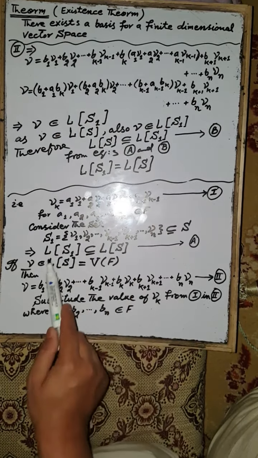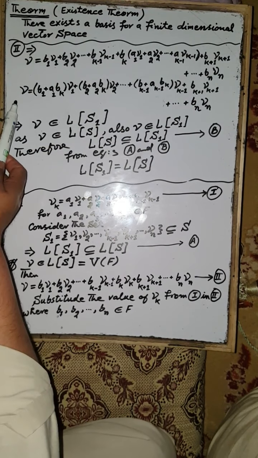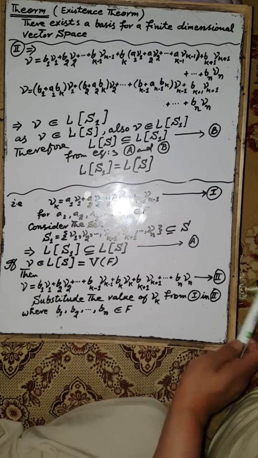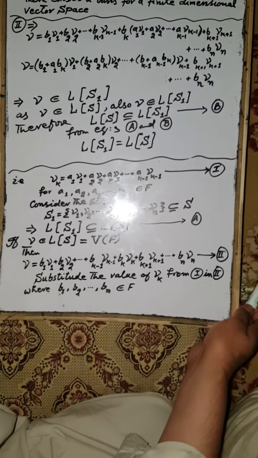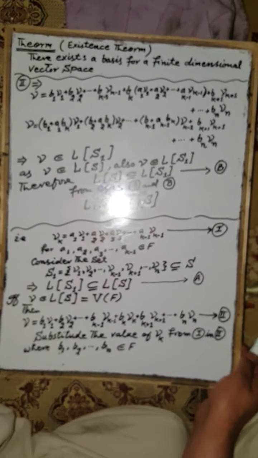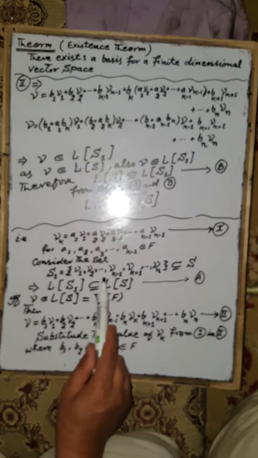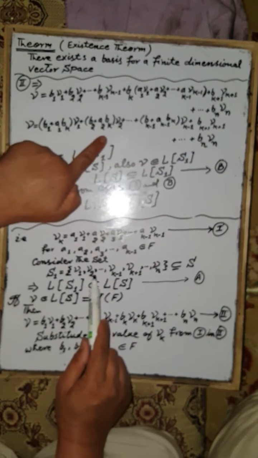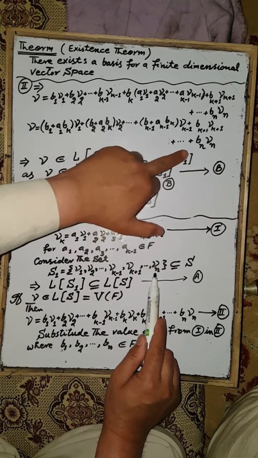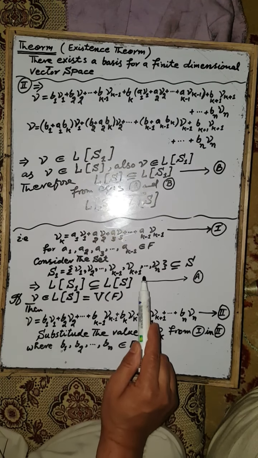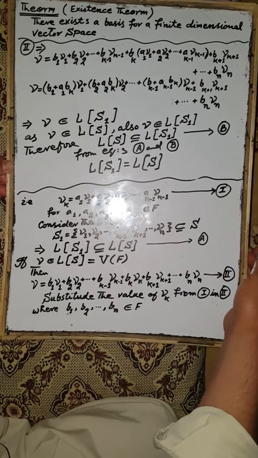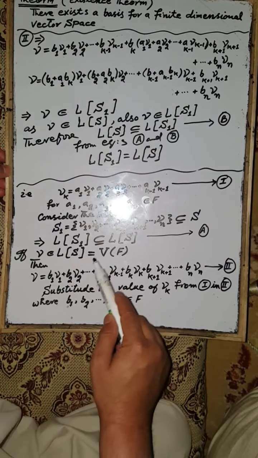These are the elements of the set S1, that is, v1 v2 up to so on vk minus 1 vk plus 1 up to so on vn. That is, v is spanned by the elements of the set S1.